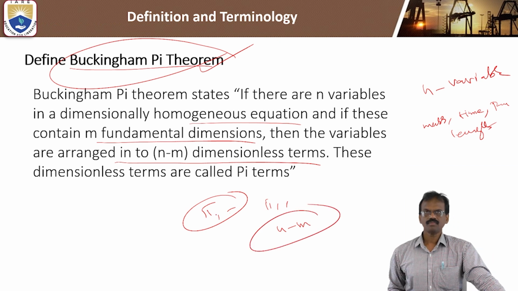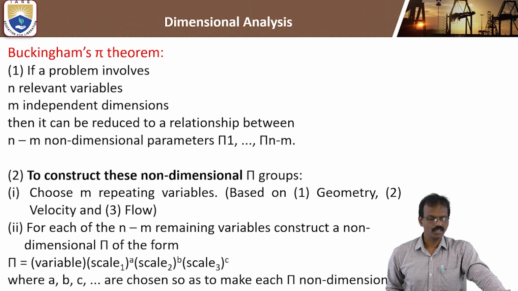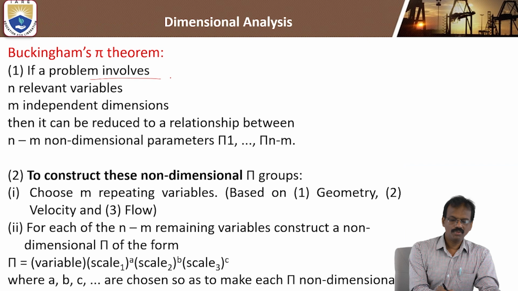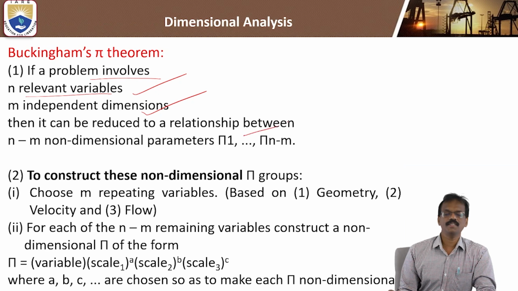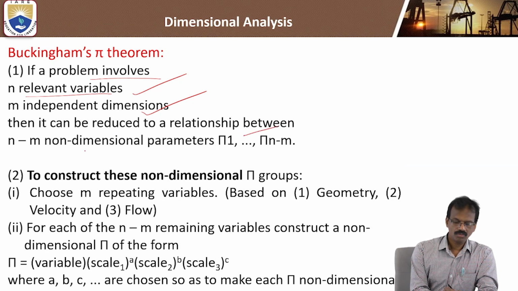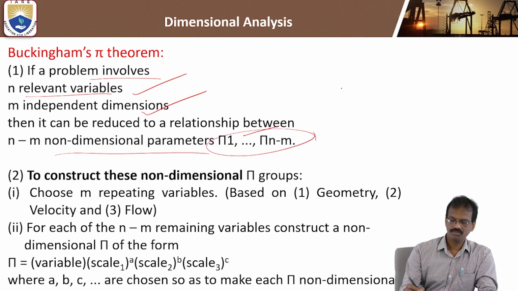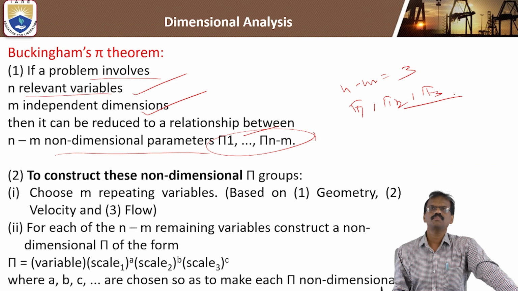If a problem involves n relevant variables and m independent dimensions, then it reduces the relationship to n minus m non-dimensional parameters. Suppose n minus m is equal to 3, then we will see pi 1, pi 2 and pi 3. These are the dimensionless parameters.